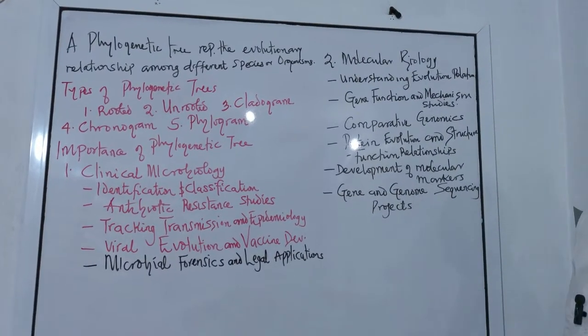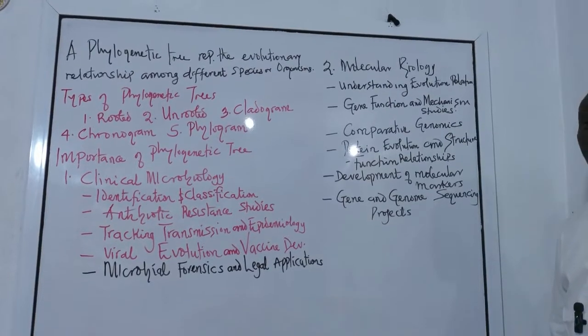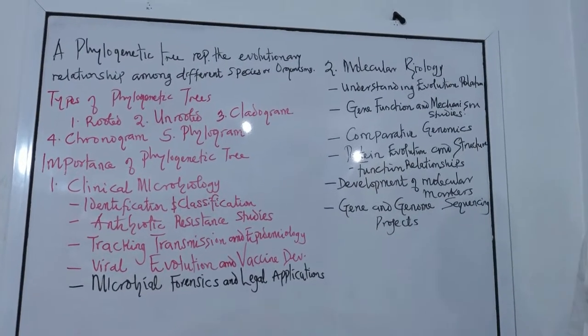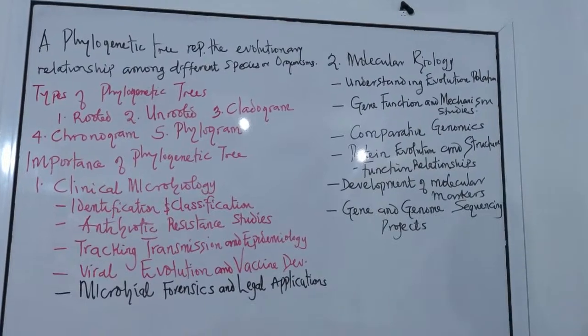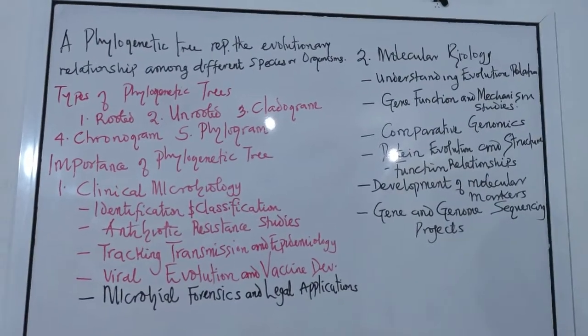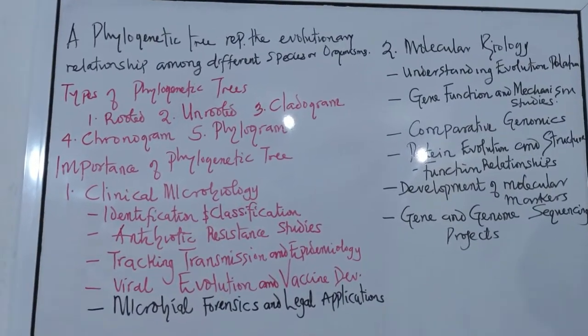Again, the first type of method of classification is classical classification, or what we can call the traditional method of classification.